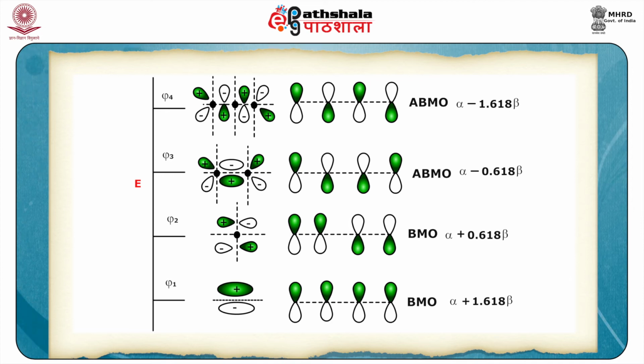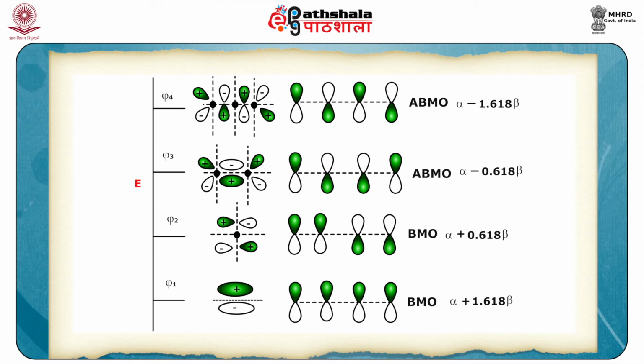You can see at the bottom we have Phi1, where the corresponding energy was alpha plus 1.61 beta, and you can see all the coefficients are positive. Therefore, there is no node here. Above the plane we have positive and below negative, because all the coefficients in this molecular orbital were positive.